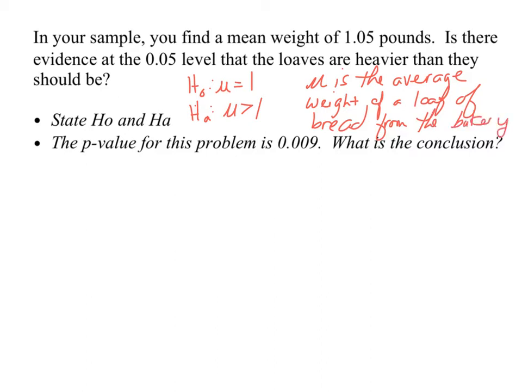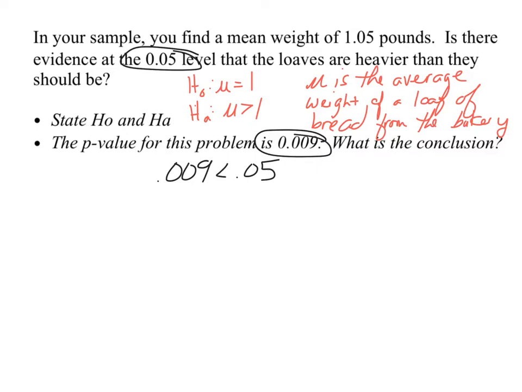Okay. Now, the p-value for this was 0.009. Now, you'll see our p-value is below 0.05, and we should say, our 0.009 is less than 0.05. So what that means is our sample is deemed extremely unlikely if the weight really is 1 pound.